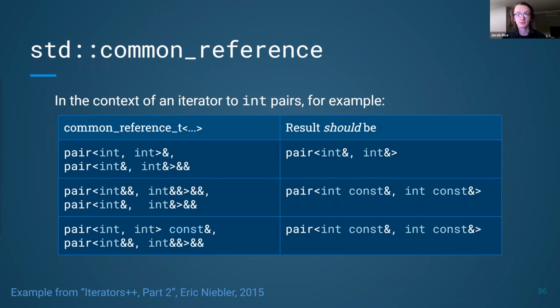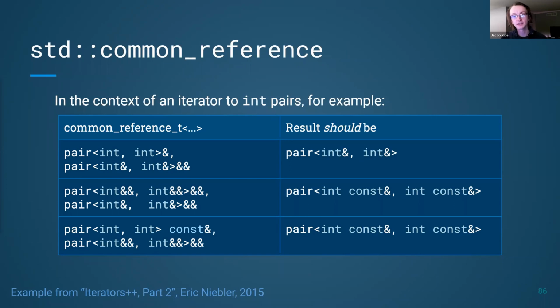According to Niebler, this is the main reason there's no zip view in C++20. We can't define common reference like this for all pairs, and there was some objection to the idea of adding something like common_pair, which is a different but pair-like type that would do this the way we want for iterators.